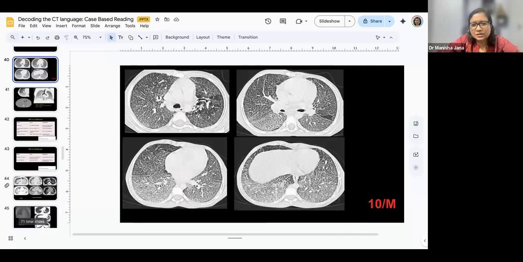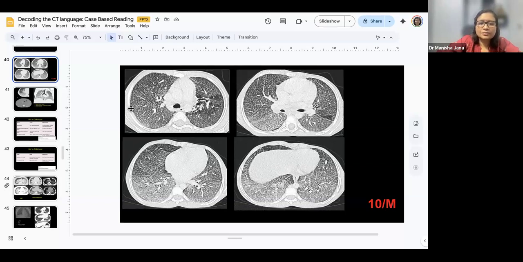Let me just see if I can find anything. Like here in this image, we can see this is the fissure. If we know that this is the part which is adjacent to the heart on the right side and anterior to the major fissure, then we are dealing with the right middle lobe.